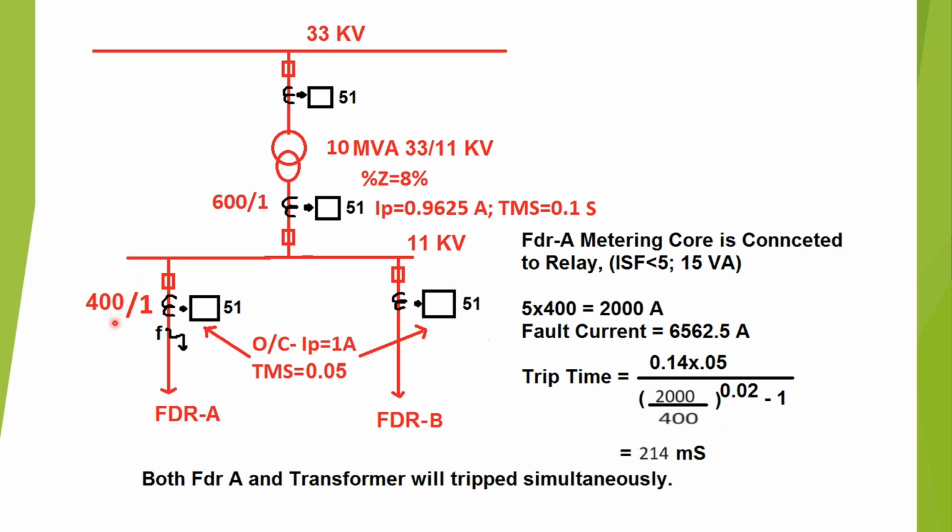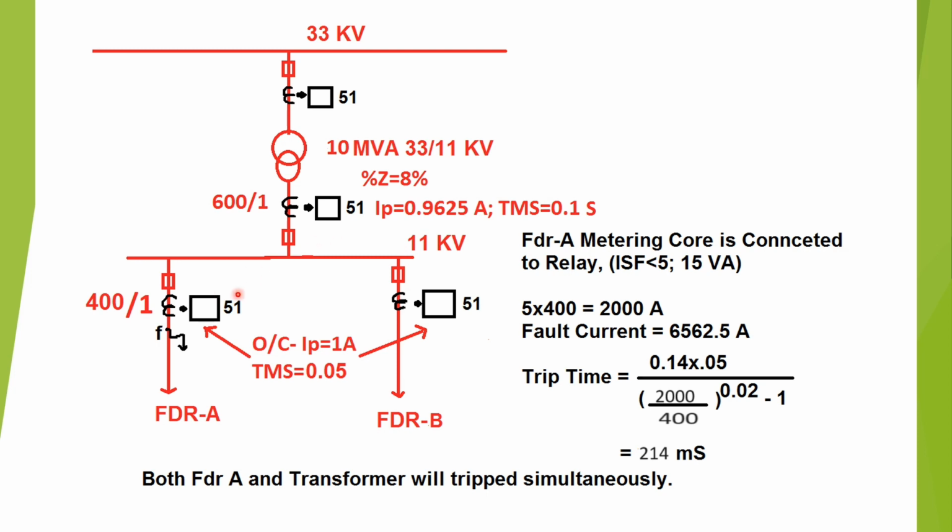Under these circumstances, the trip time for the LV overcurrent relay is 281 millisecond. But the relay will sense this fault for feeder A, and it will send a trip signal after 240 millisecond. Again, the breaker will take another 50 to 60 millisecond to clear the fault.